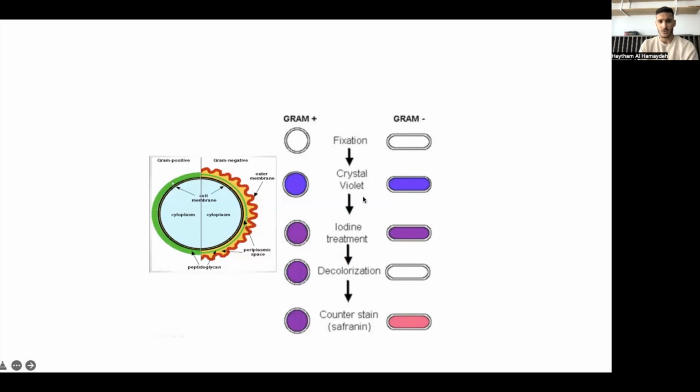So if we are trying to differentiate between the two bacteria, what we do is this procedure. First thing, we expose both of them to crystal violet. They both take the color. Then we treat them with iodine. I forgot what iodine does.